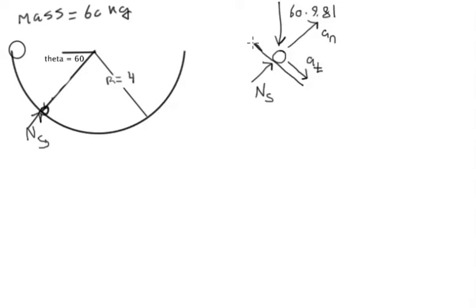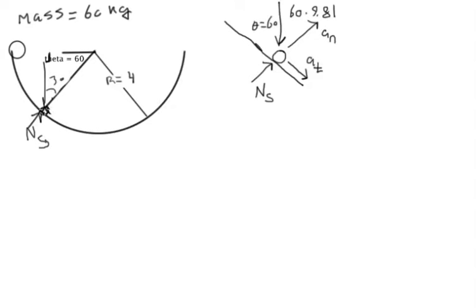And it's good to denote in here the angle, this angle theta, is going to be 60 degrees as well. And we can know that real quick by looking at the diagram itself. This angle here is going to be 90 degrees, this angle is 60 degrees, so this will be 30 degrees.